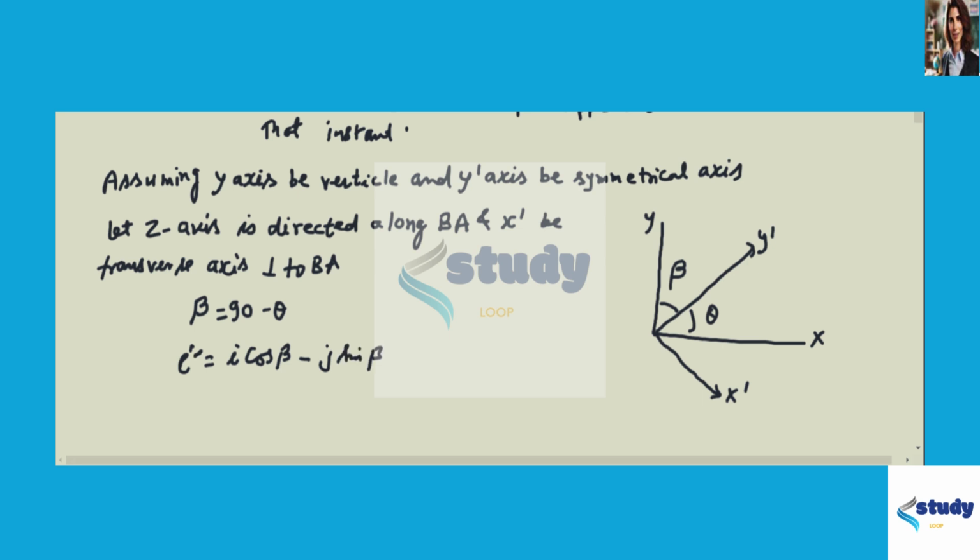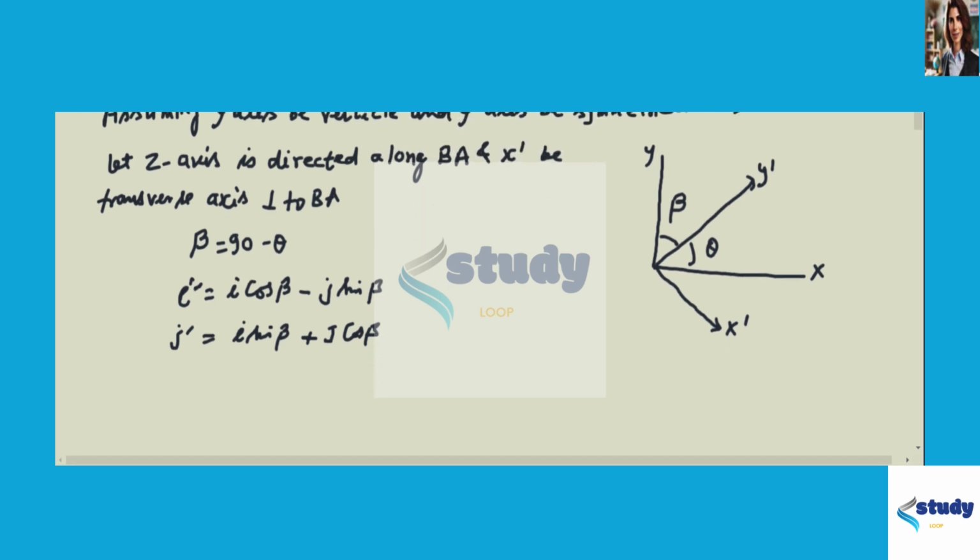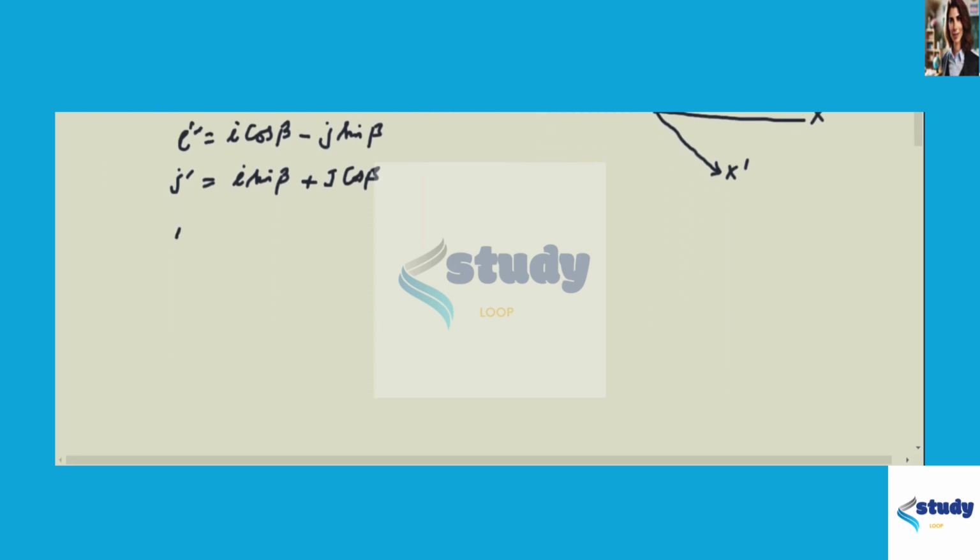This is your i dash. j dash is i sin of beta plus j cos of beta. i is equal to i dash cos of beta plus j dash sin of beta, and j is equal to minus i dash sin of beta plus j dash cos of beta. So all these are the unit vectors.